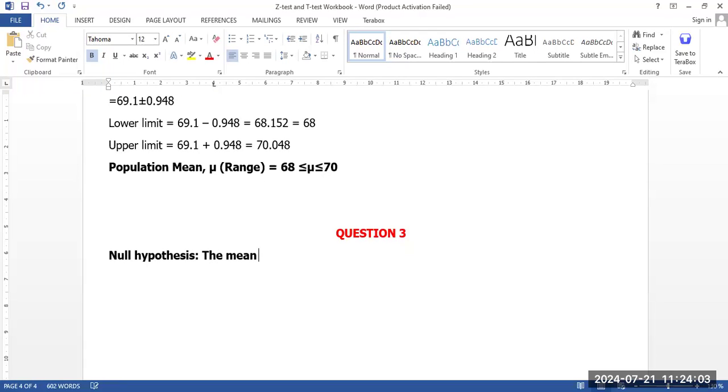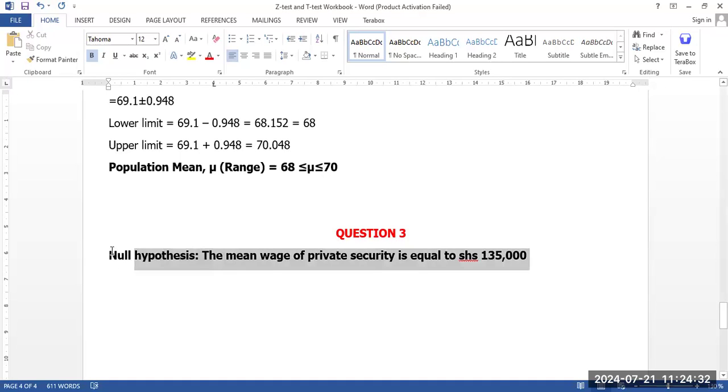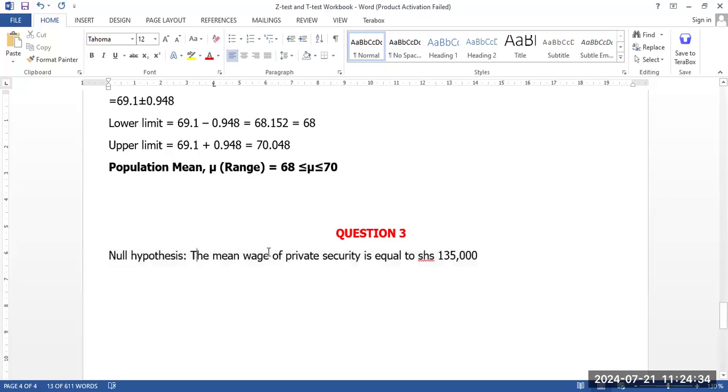The mean wage of a private security guard is equal to shillings 135,000 per month. So that is our null hypothesis.